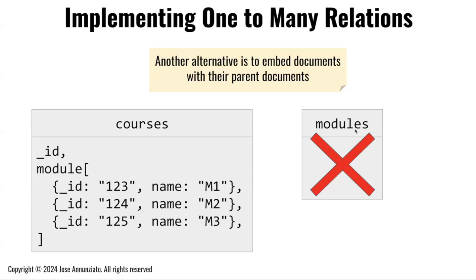Now, whether we choose one or another depends on what we're trying to achieve. In this case, the existence of a module has no meaning outside of its course, then this implementation would be totally fine. You get the courses, and then each course has the array of modules in there.